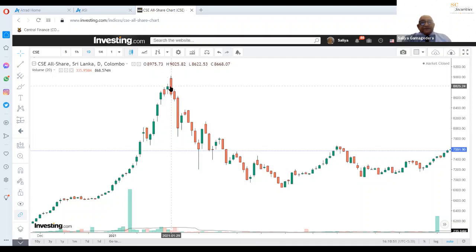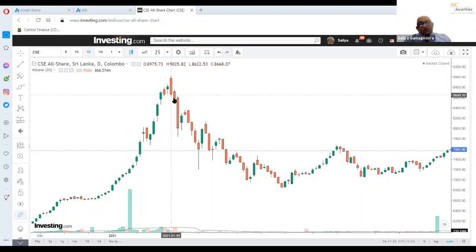Inside the body, if it is a red candle, the top of the body is the opening price. The bottom of the body is the closing price. So basically, you have 4 values given in each candle: the open value, the high value, the low value, and the close value, which is known as open, high, low, close, or OHLC.